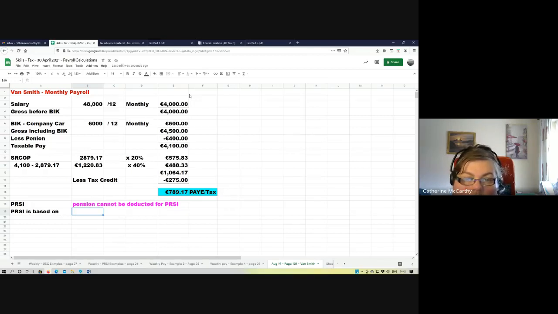If we look back up, it'll be the 4,500, the gross including the BIK, the salary plus the BIK. We leave the pension out of it.